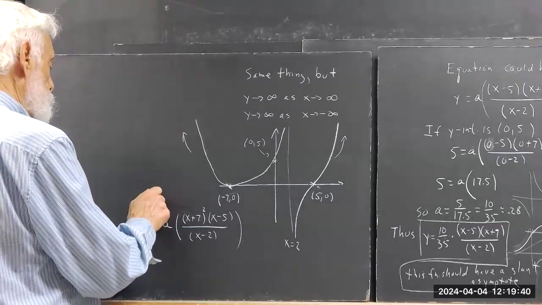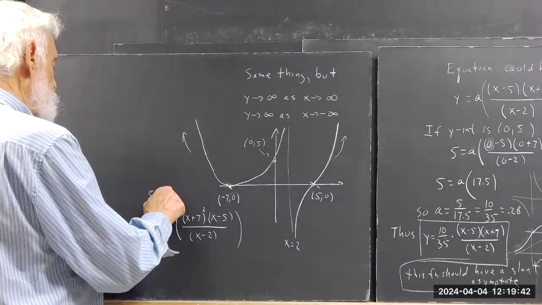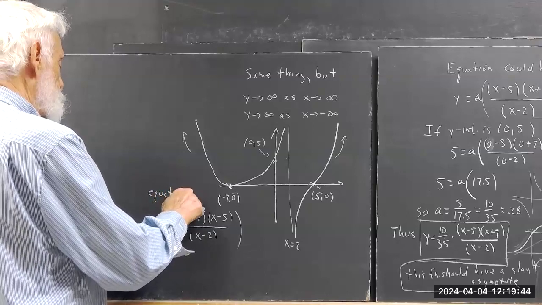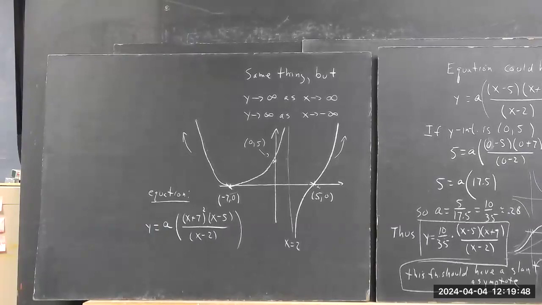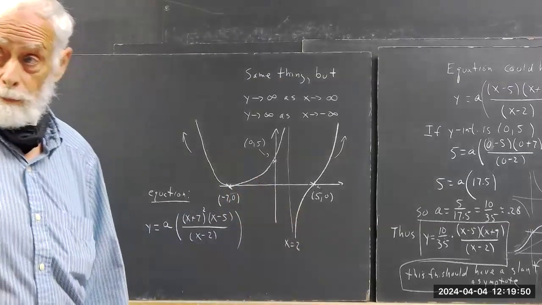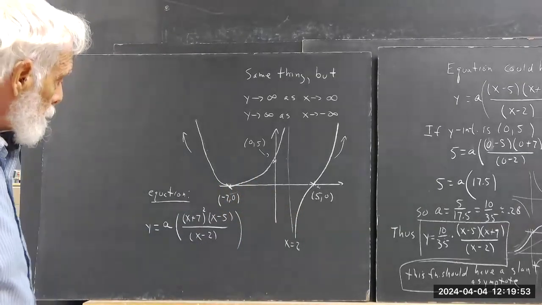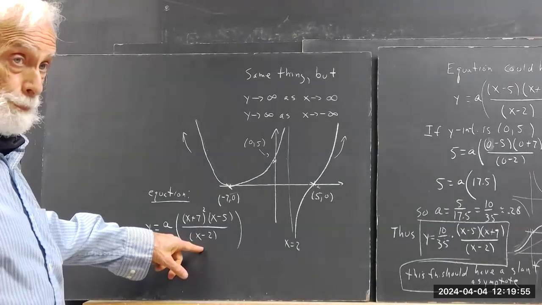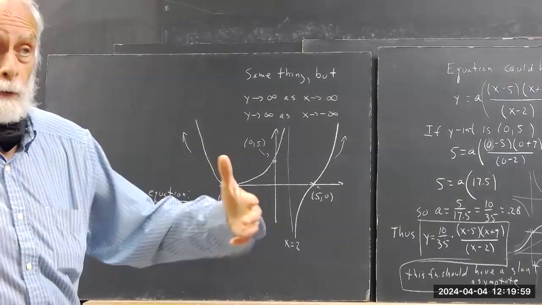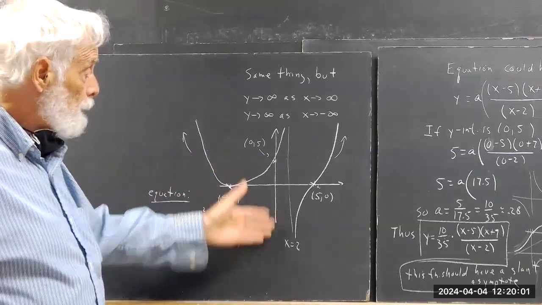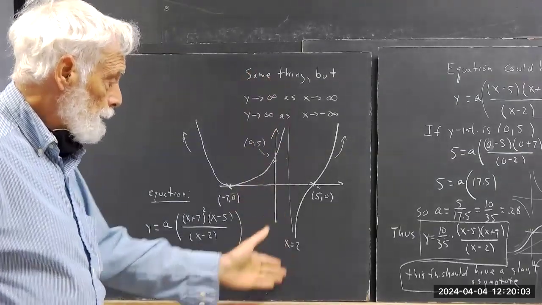Let's give ourselves a little room. Here's the equation. Now that equation will have this characteristic: at x equals 2, this is just like a horizontally shifted reciprocal function, shifted over so that the y-axis is over here at x equals 2.